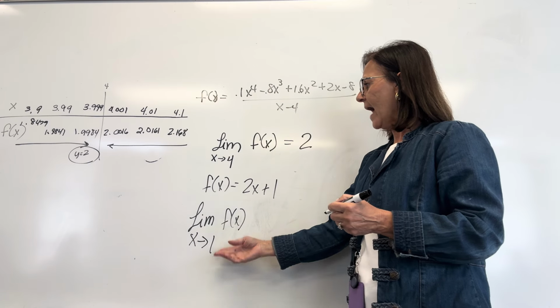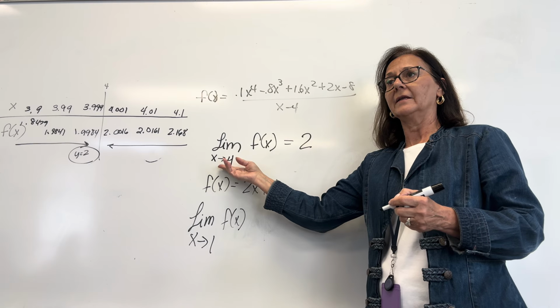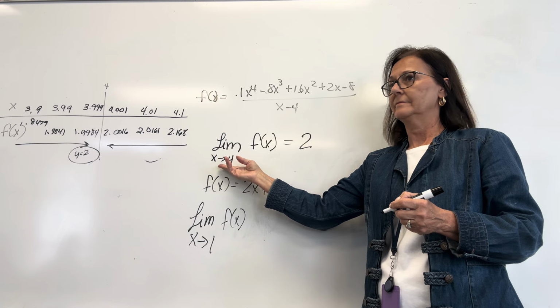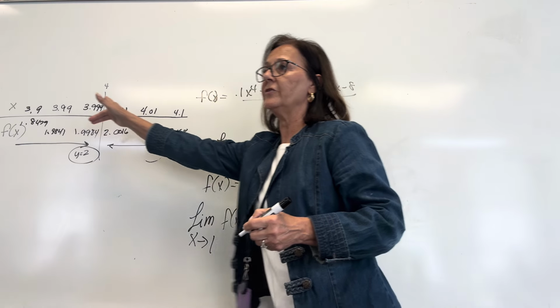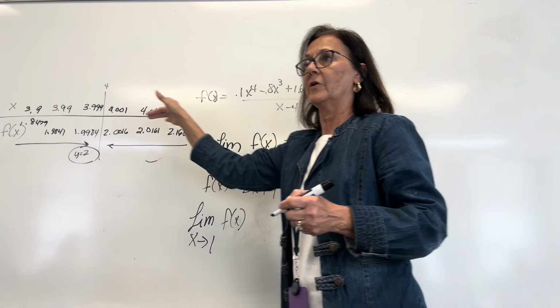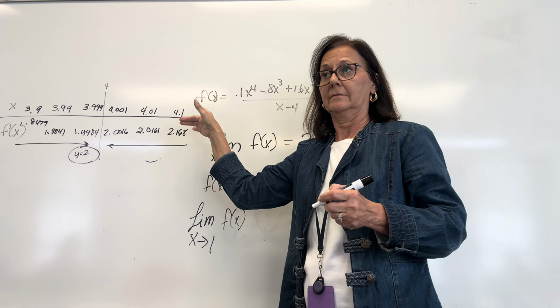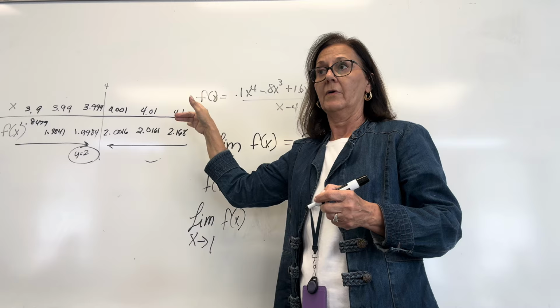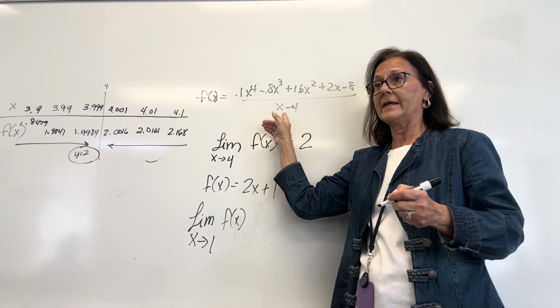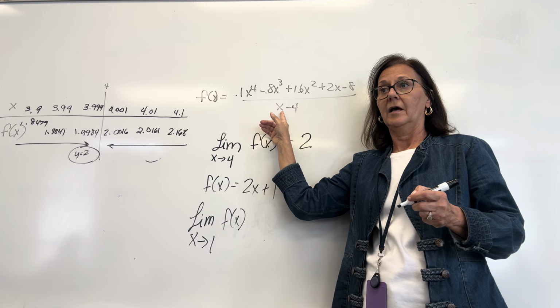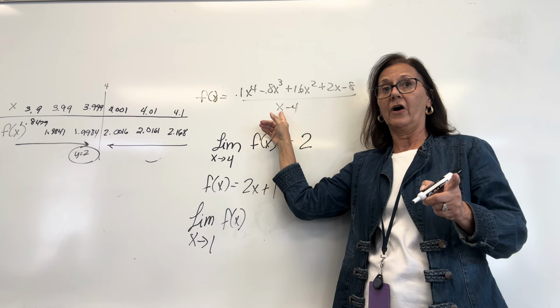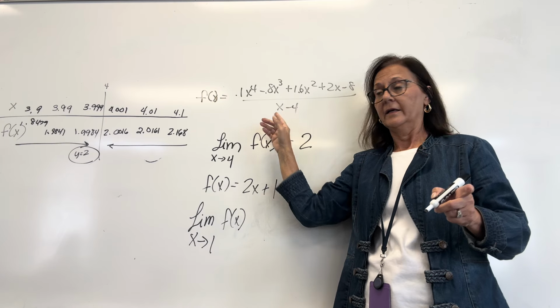The first thing I asked here was, is 4 in the domain? No. So I have to do this because 4 is not in the domain, because it's undefined. 4 makes this undefined. You got it? I can still have a limit even though it's undefined.